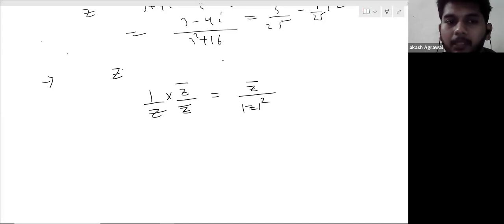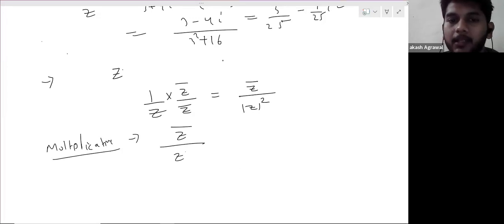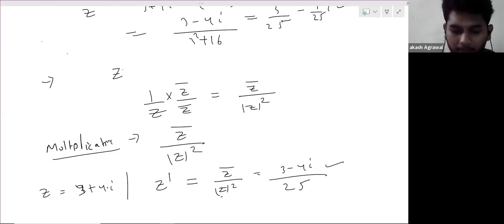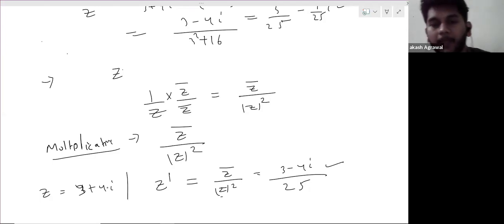So remember, to find the multiplicative inverse, use this formula: conjugate of z divided by mod z square. In the previous question, we have z equals 3 plus 4i. The multiplicative inverse, I can say z dash, equals conjugate of z upon mod z square. Conjugate of z is 3 minus 4i. Mod z is the square root of 3 square plus 4 square, so if you square it, just 25. You do not have to solve many complex numbers. Is it clear?